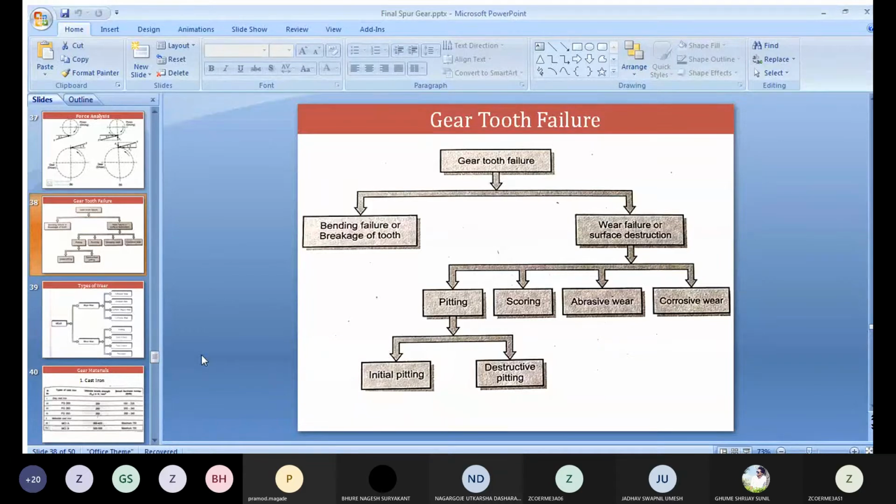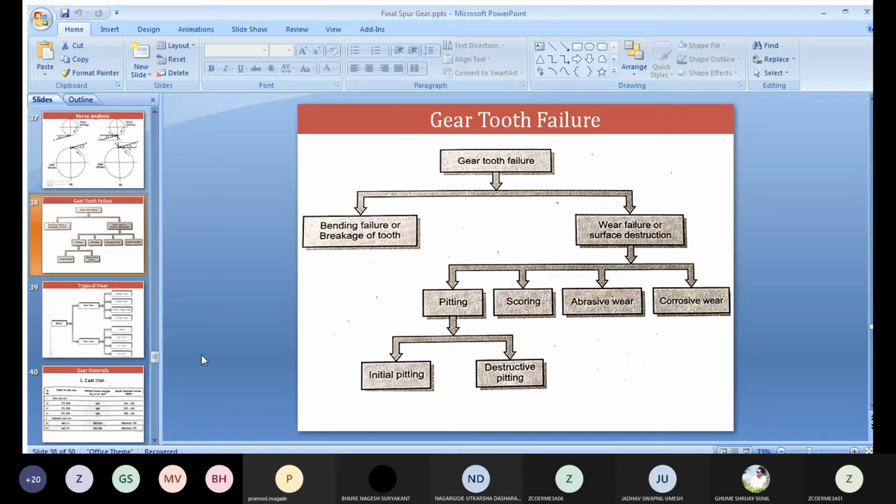So in case of wear, we have divided pitting. In the case of pitting, you write down: it is a surface fatigue failure due to repetitive contact stress.